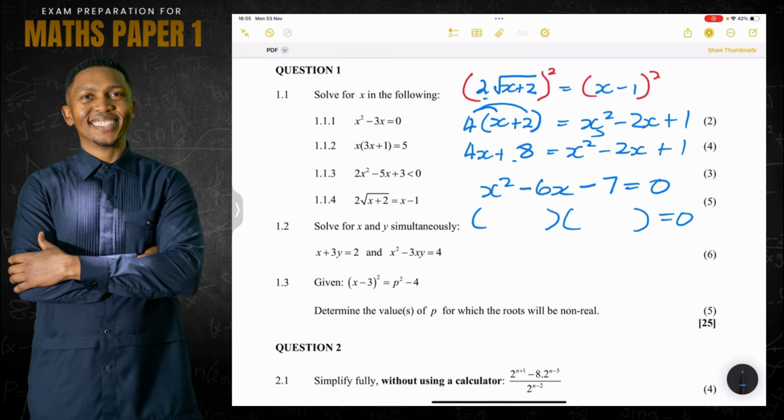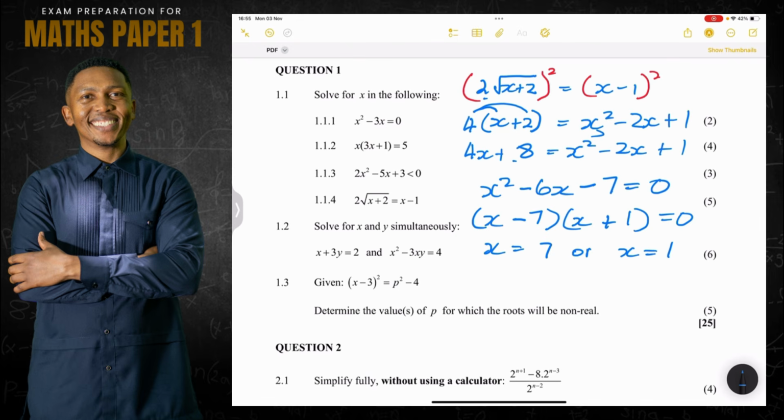Right, and so what do we get on the other side? We've got x and x, we've got 7 and 1, right? Factors of 7 such that when I subtract them will give me 6. That's going to be 7 and 1. And in this case, we've got minus and we've got plus over there. And so x is equal to 7 or x is equal to 1.